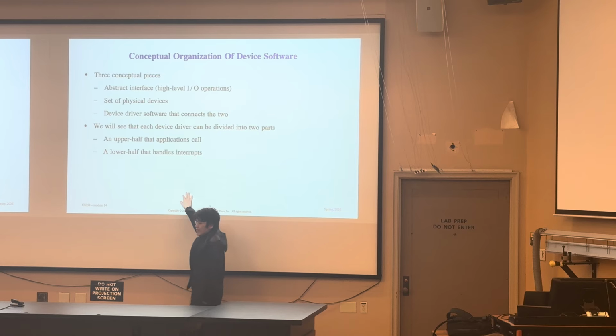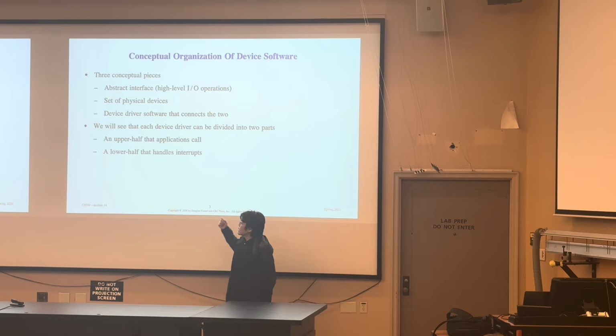So the OS and application use this interface to directly invoke this device's functionality. And the second is the lower half. The lower half is what the interrupt invokes. And remember that every device is registered in your OS, and every device registers one interrupt in the interrupt handler vector. So whenever this device raises an interrupt, the interrupt handler specific for this device will be invoked by the OS.